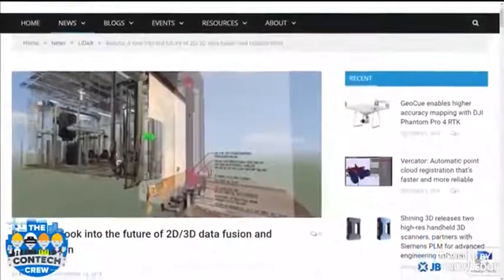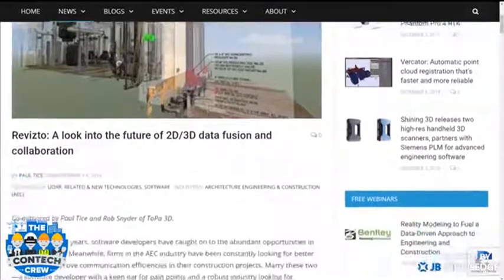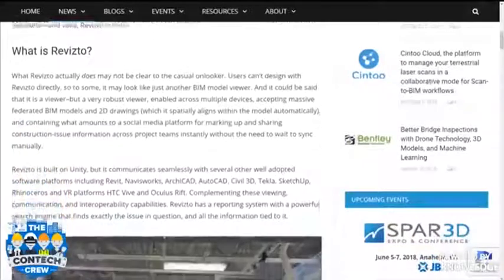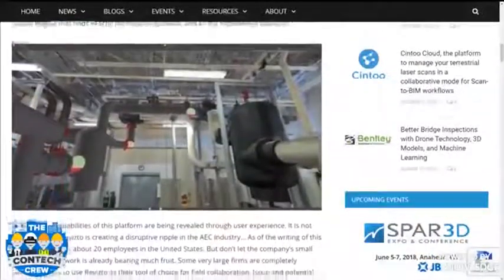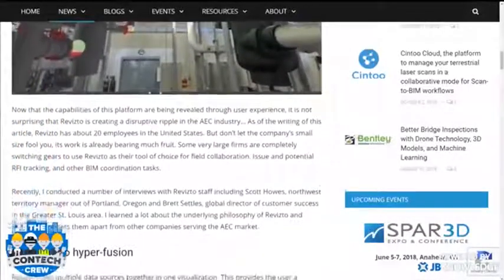Just looking at this page, we're taking a laser scan, overlaying a model with a 2D detail sheet, highlighting what components are going where. This is bringing all the data that we could possibly get our hands on at any given point in time to the person with the iPad at the computer.